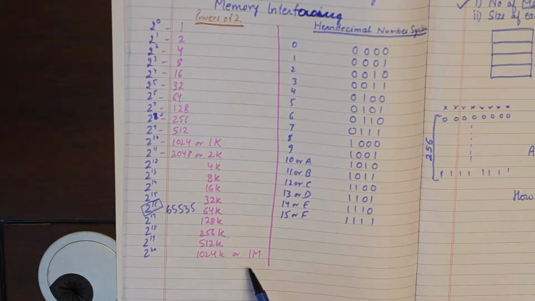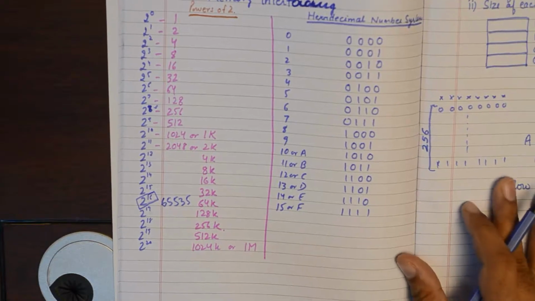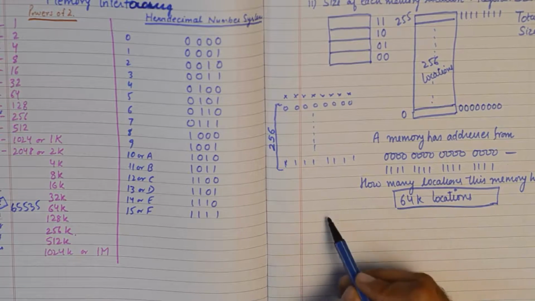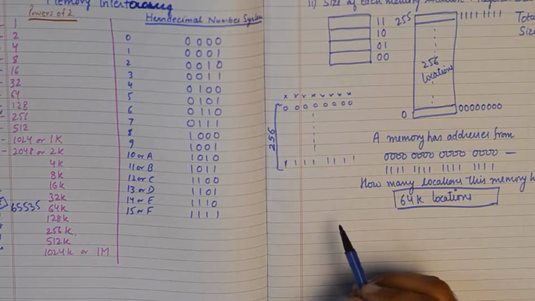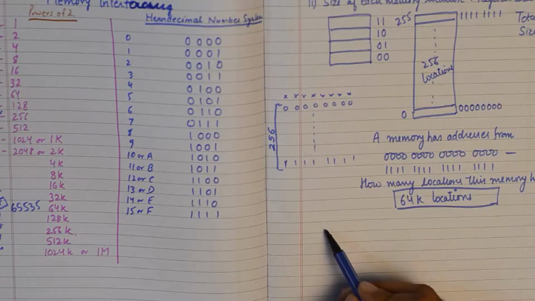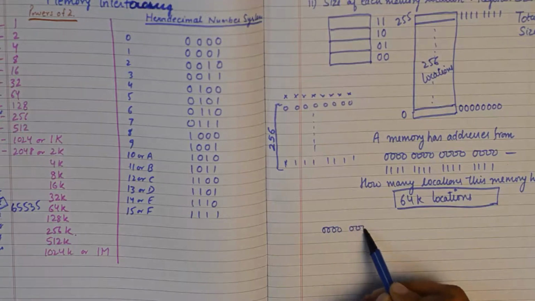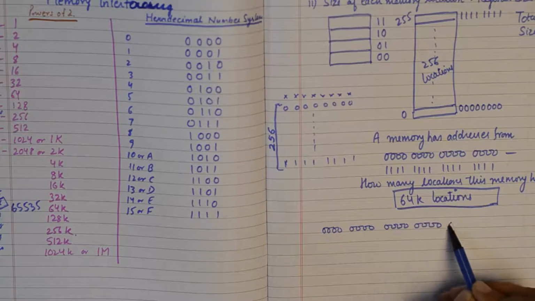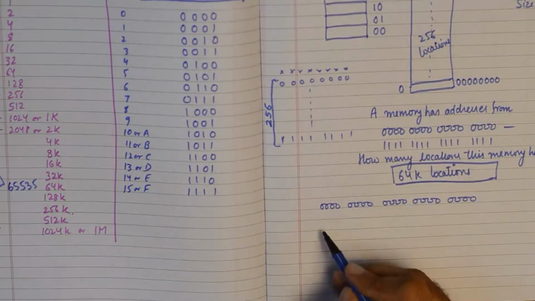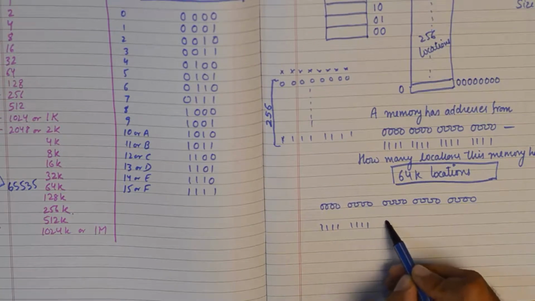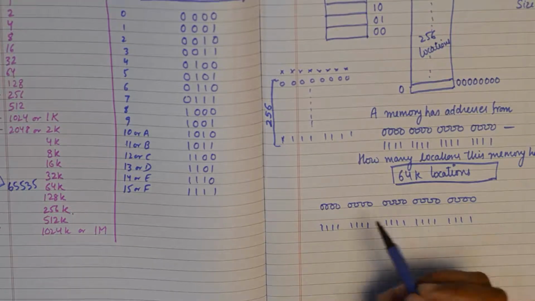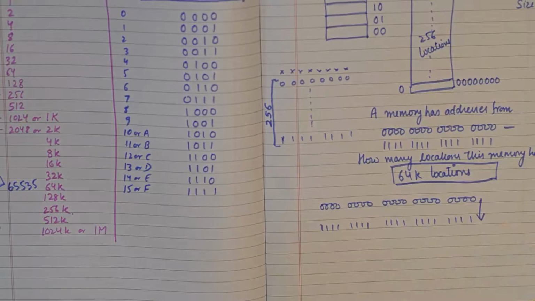So that goes to show that any address in the range of 1M memory will be 20 bits long. It can have an address from 20 times 0 to 20 times 1, and any intermediate address between this range.